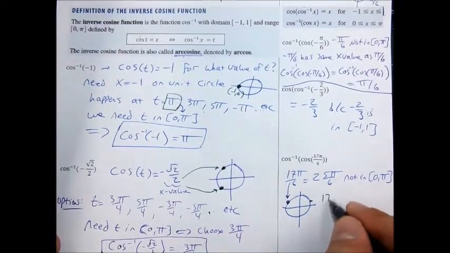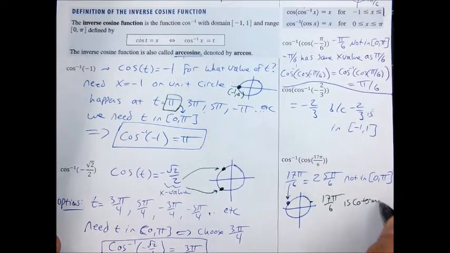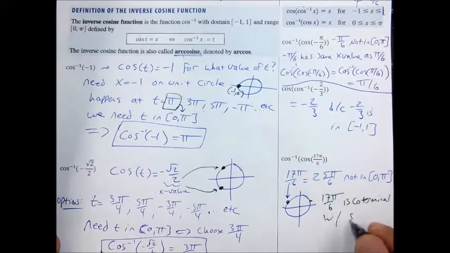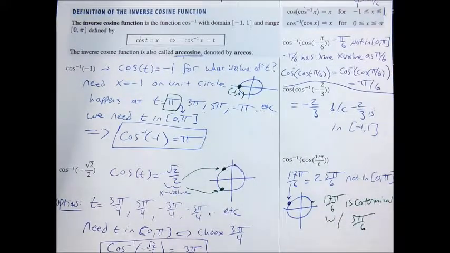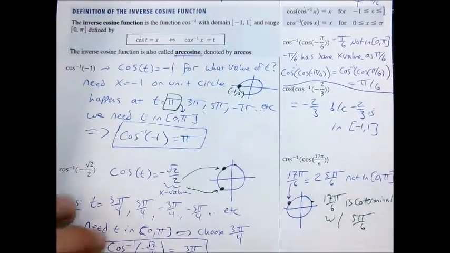And so let me write that down. 17 pi over 6 is coterminal with 5 pi over 6. And so let's use 5 pi over 6 instead, because that's in the correct interval. That is between 0 and pi.